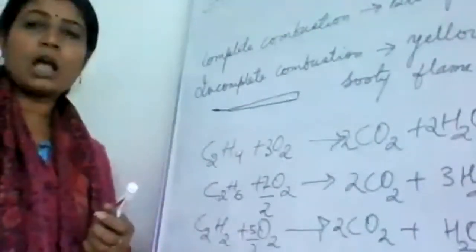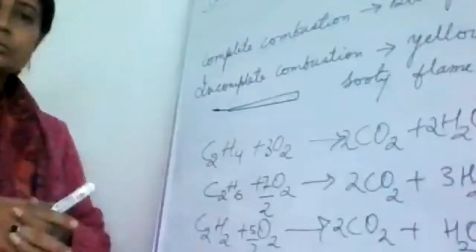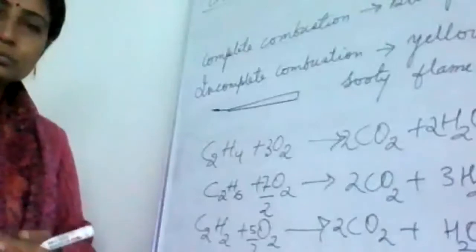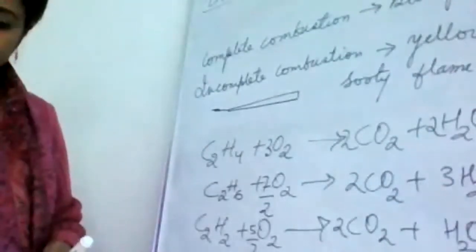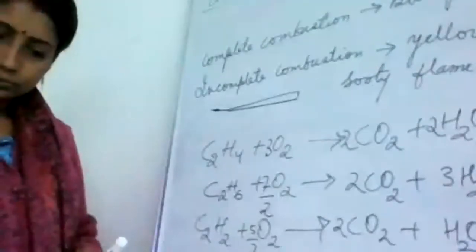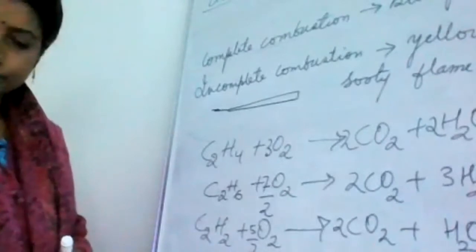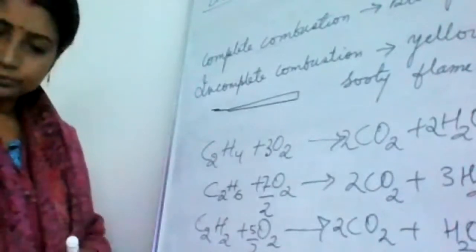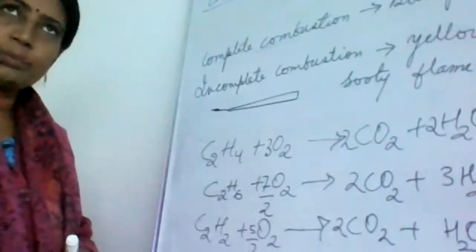Now we have two types of compound: saturated compound and what? Unsaturated. Can you give some example, ma'am, of saturated compound? Methane, ethane, propane, butane, ठीक है. और butane, अनसैचुरेटेड में कौन कौन सा है?